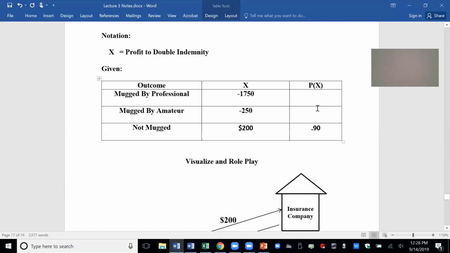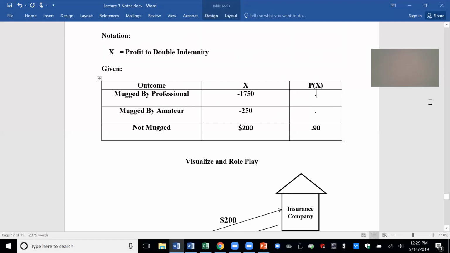It says 60% of the muggings are performed by a professional. Our first intuition would be to put a 0.6 and a 0.40 there. But then when I add up the probabilities, they add to 1.9. That cannot be. What this says is there's a 10% chance you're going to get mugged when in New York on any given week.